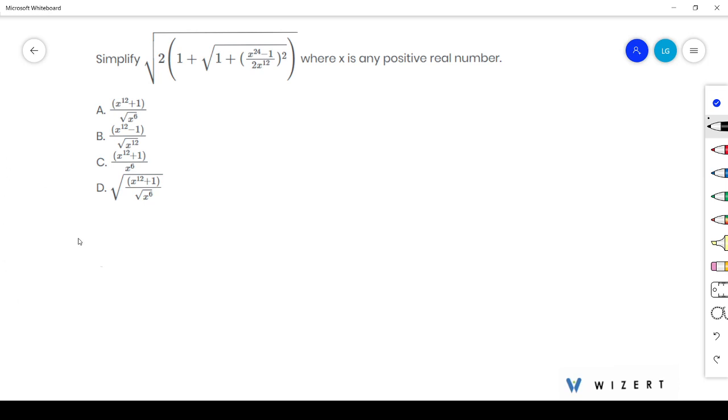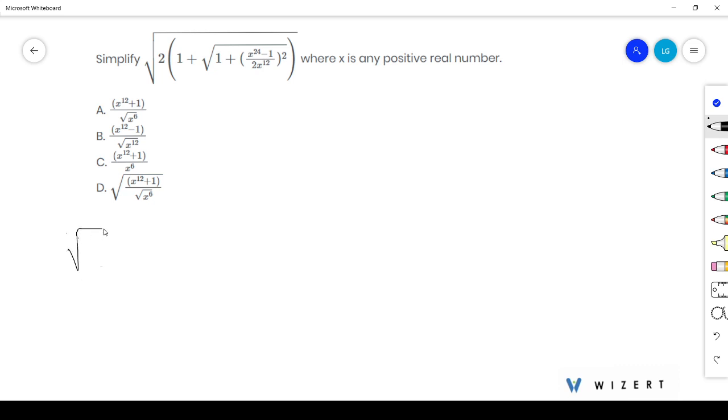Our question is, simplify square root of 2 into 1 plus under root 1 plus x to the power 24 minus 1, divided by 2 times x to the power 12, its square, where x is any positive real number.